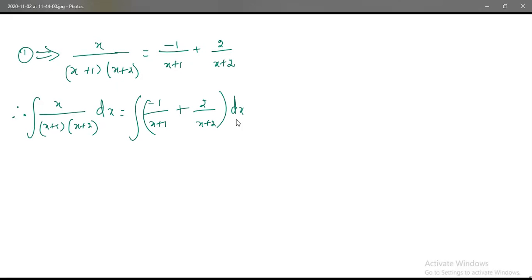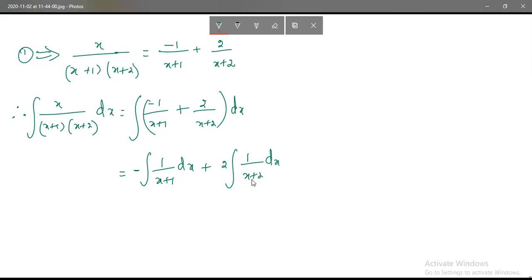In the first step itself, if you want, you can just split it, no problem with that. So you get minus of integral 1 by x plus 1, the first one, plus 2 into integral 1 by x plus 2 into dx. So you just check out directly the differentiation of the denominator.